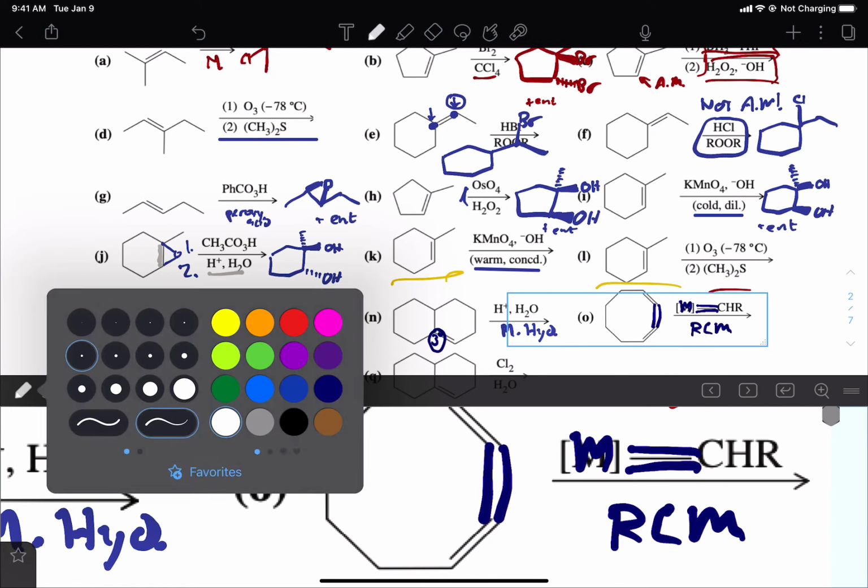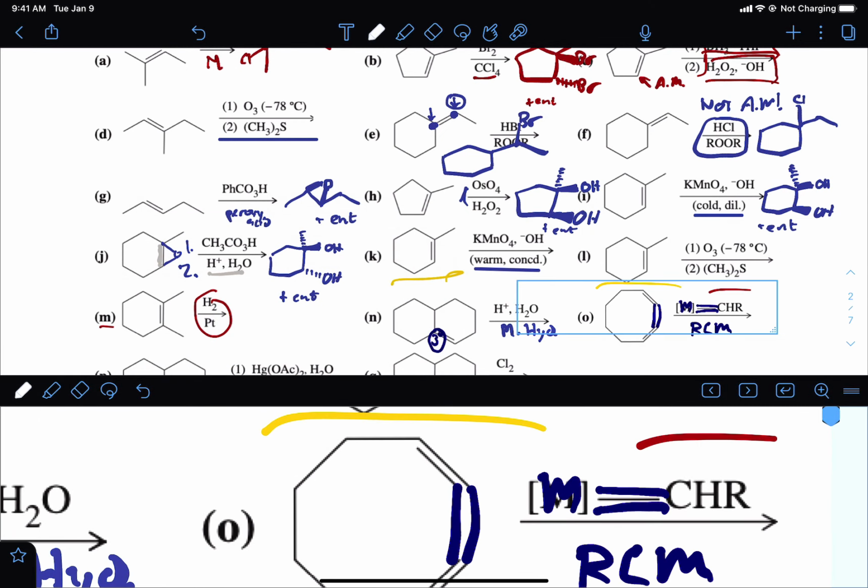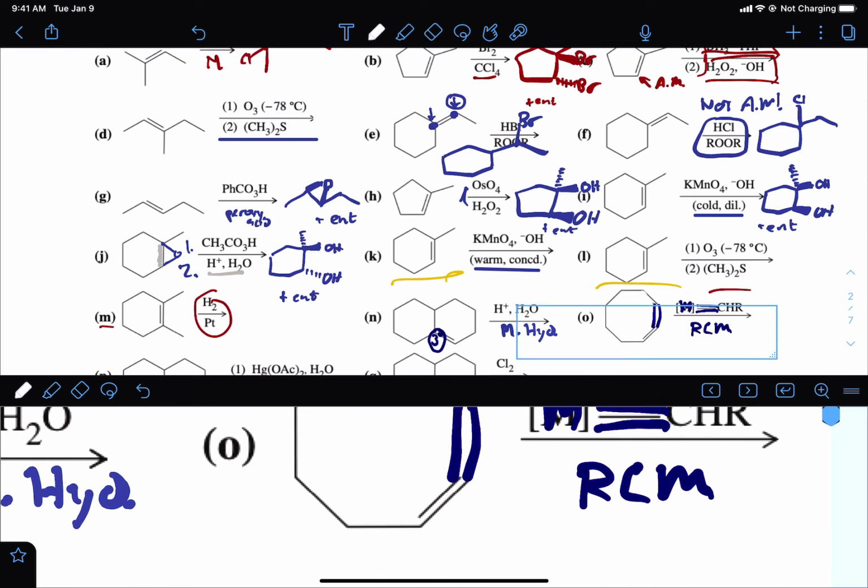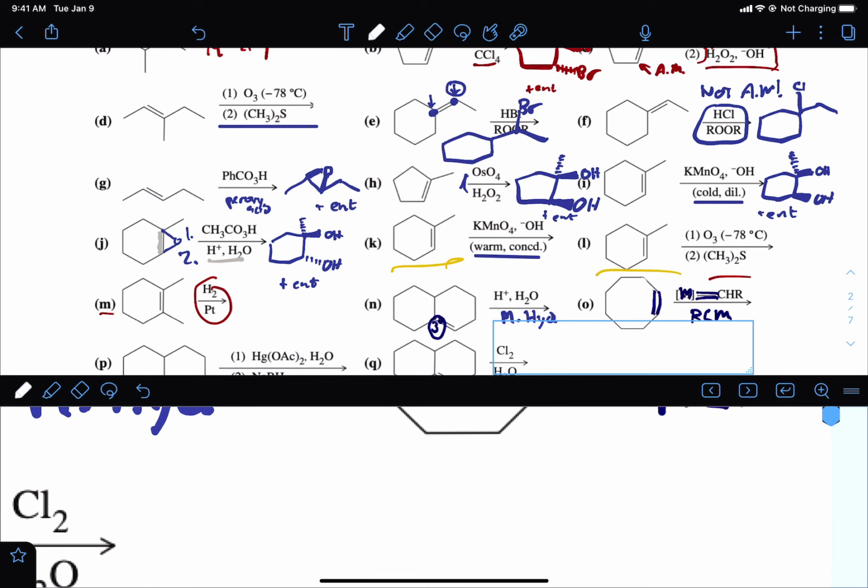So these two double bonds kind of combine. They both get used up. And the ring closes with a double bond. Okay. It's kind of a cool mechanism. I don't know if the book shows it, but it's kind of a cool mechanism. I think it got the Nobel Prize back in 2004, maybe 2005. Something around there. It got the Nobel Prize.